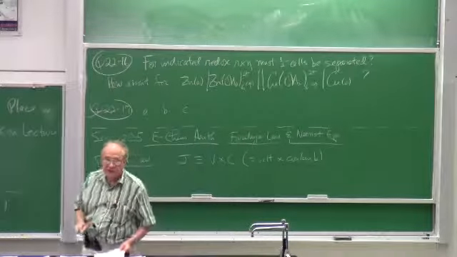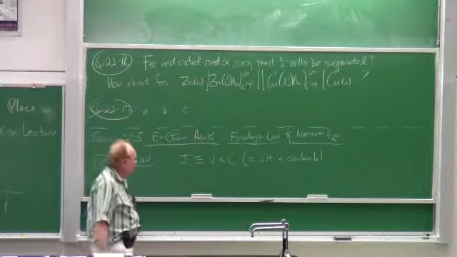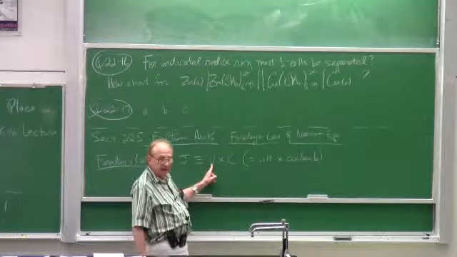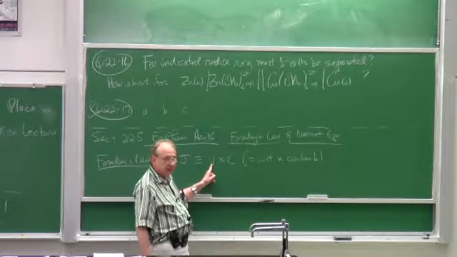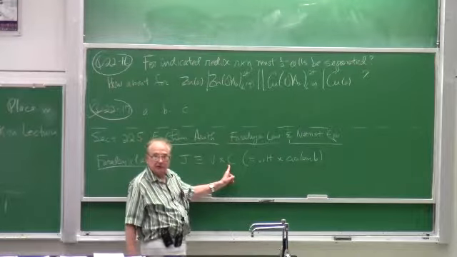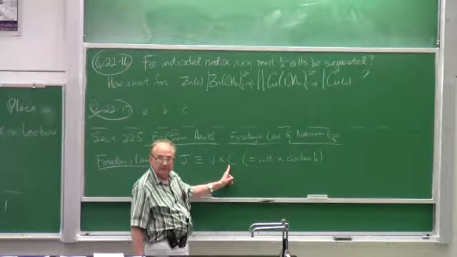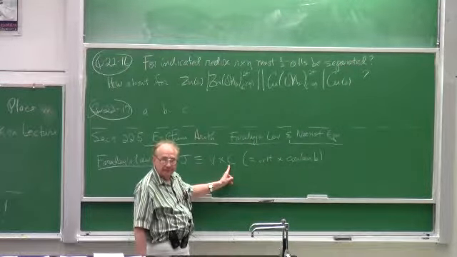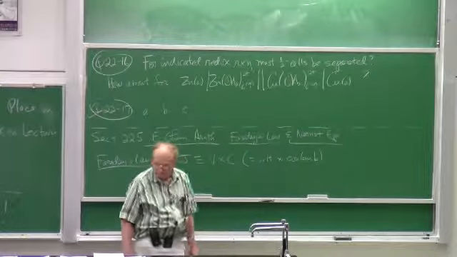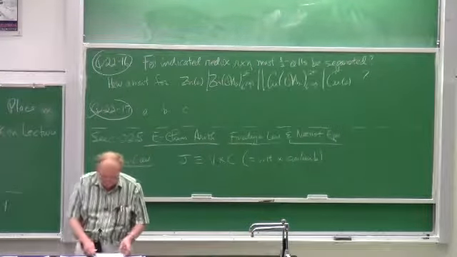A joule, the energy unit, is identical to volts, a measure of potential, times the electric charge unit, the coulomb, symbol capital C. All right?